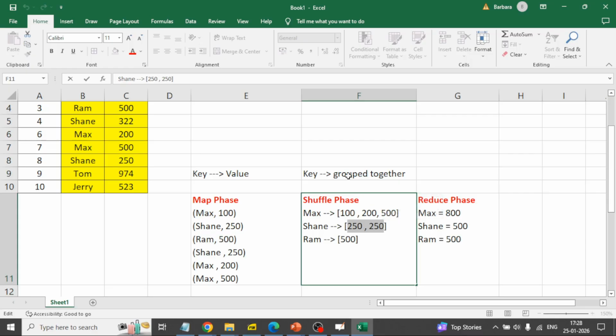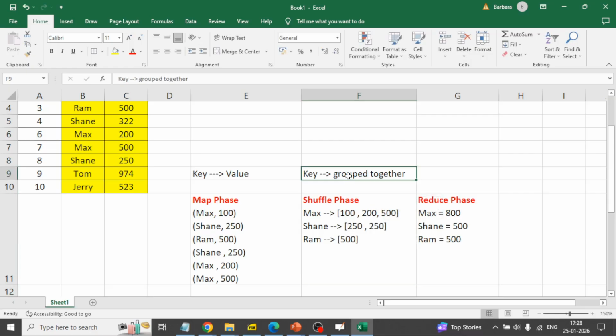So this is the shuffle phase for you. Understanding the shuffle is of prime importance, because when we move on to the Google Cloud services, Shuffle plays a very important role in distributing the work across the available resources.